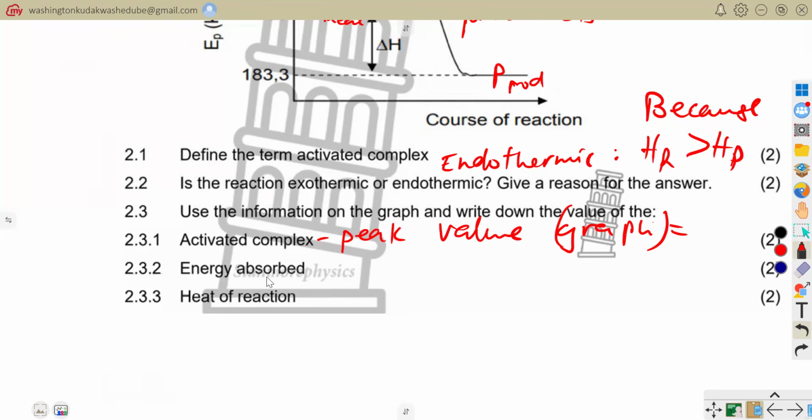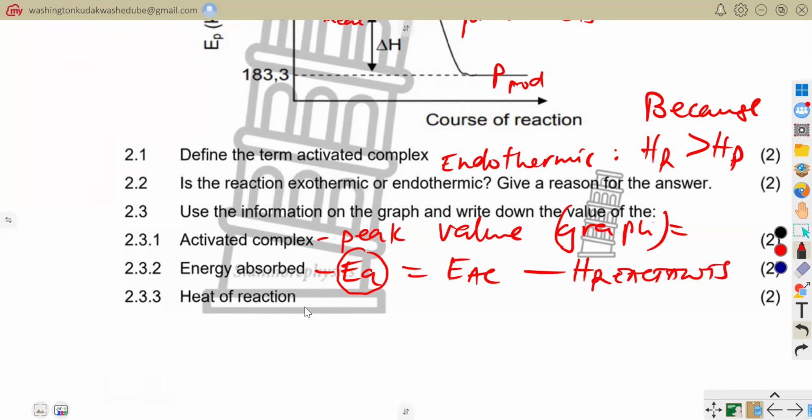And then the energy absorbed becomes the activation energy, which is given by the energy of the activated complex minus the enthalpy of the reactants. This is how you usually calculate the energy absorbed, or your activation energy.